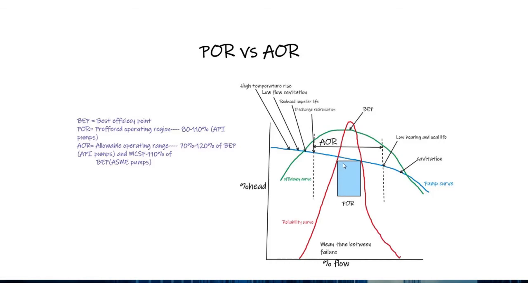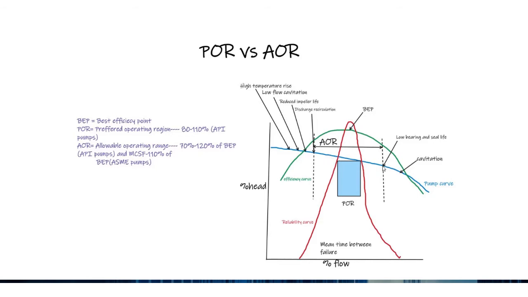But however, because of process parameter changes and other variables, if we want to move the pump to operate beyond this range, the manufacturer still allows you to operate in this region, but with some compensation.